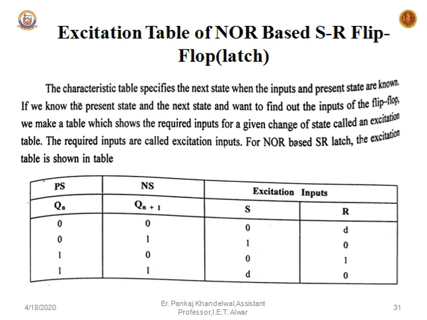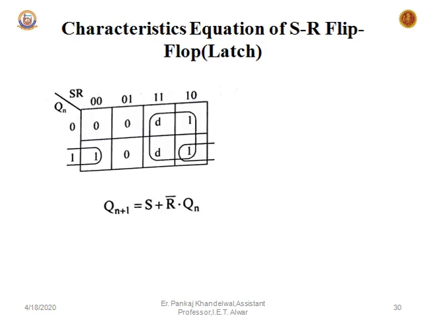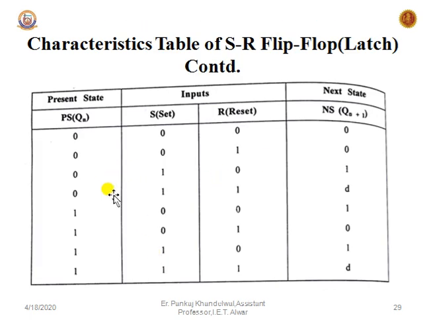After that, if we see the next row, the present state is 1 and next state is 1. If we go to the characteristic table, we can compare rows number 5 and 7.